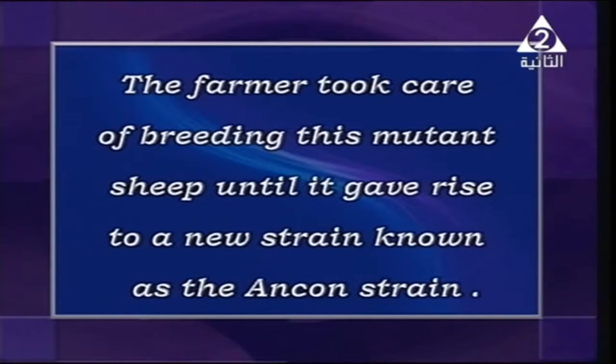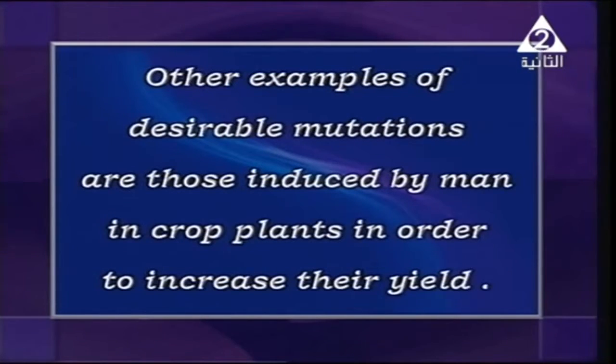So he gave it this name as a kind of desirable trait, since it doesn't have any ability to jump over the fence and damage the crops. Other examples of desirable mutations: man has the ability to induce mutations in crop plants in order to increase their yield, I mean their amount.